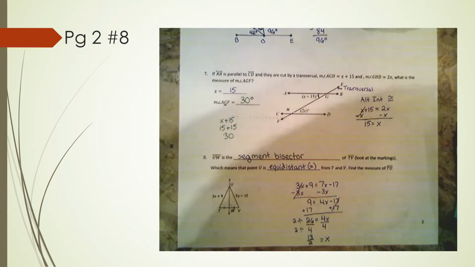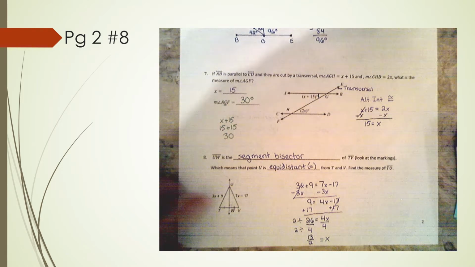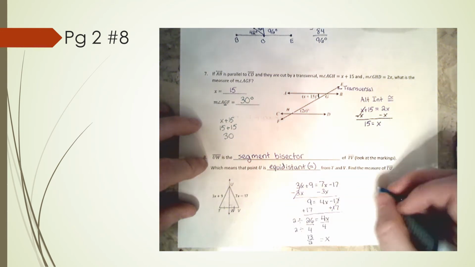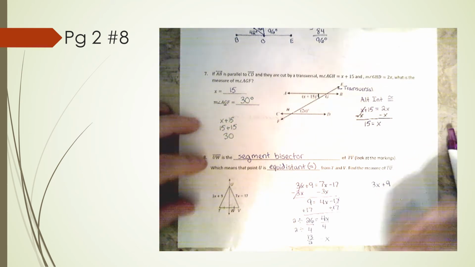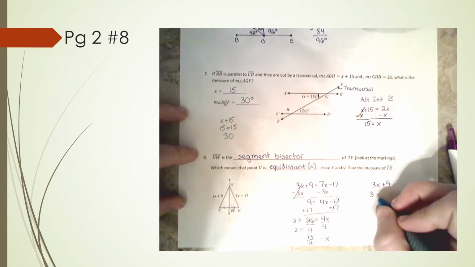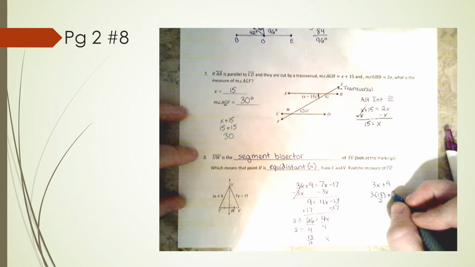So now that I know that, I'm going to go ahead and plug that in to this equation. So TU was 3x plus 9. Well, instead of x, I have 13 over 2. So that plus 9.